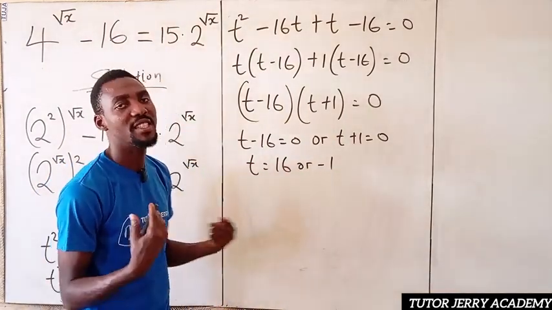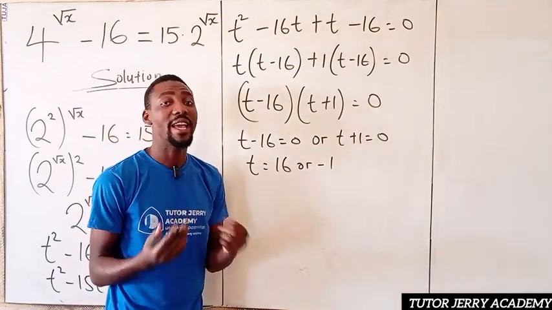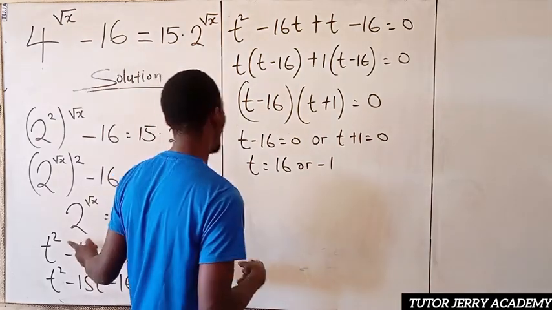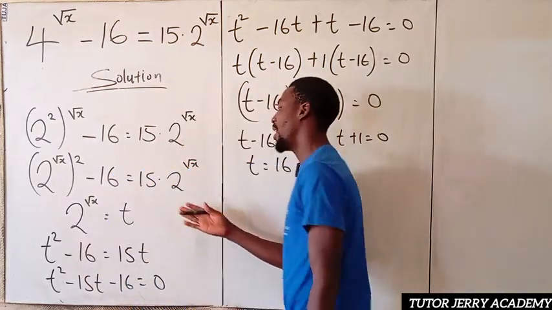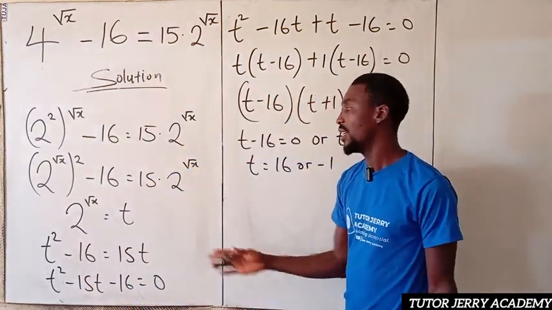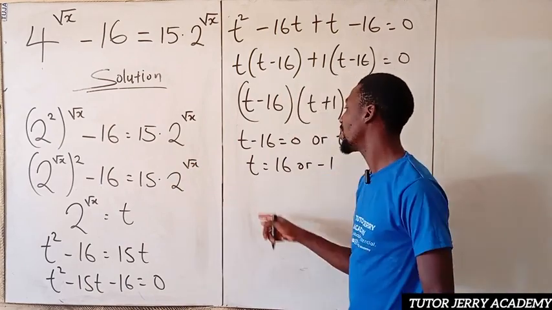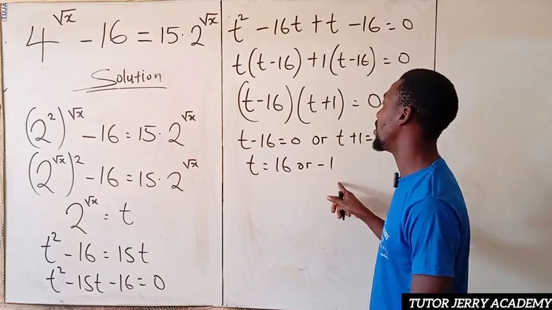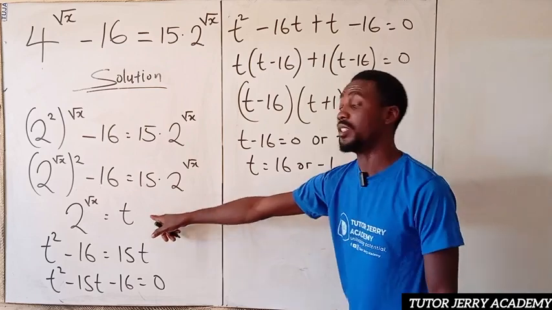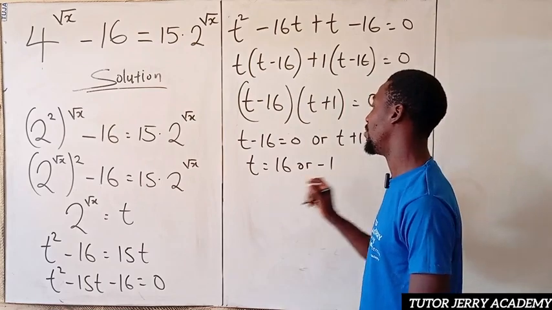Alright, but it is not t that we are looking for, it is s. But don't forget, we've already said 2 to the power of root s is equal to t. So we are going to equate the value of t here, for this, we have 16 and negative 1.